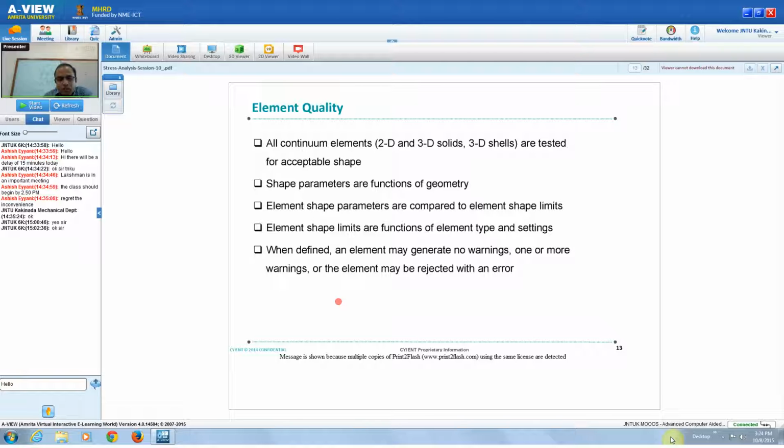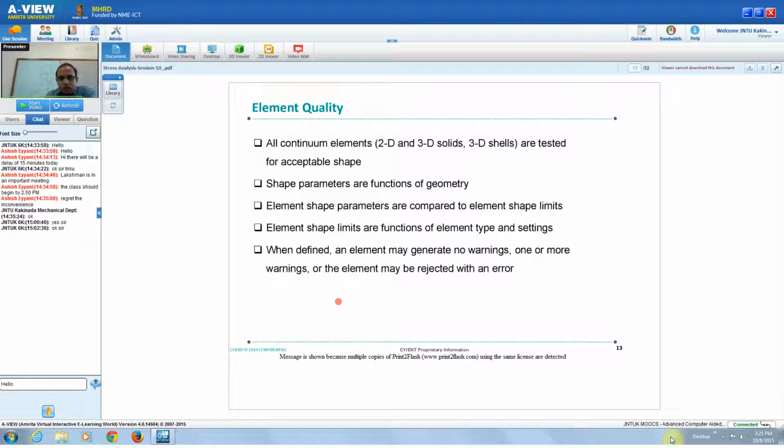Suppose ANSYS gives an element quality of x, but there is a requirement from the customer saying that I want to meet x by 2. So the user can always interact with the finite element tool to change the settings of the element quality.